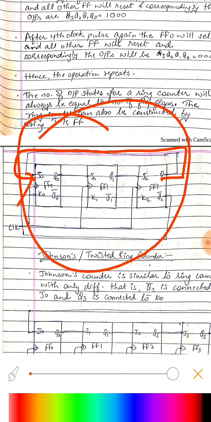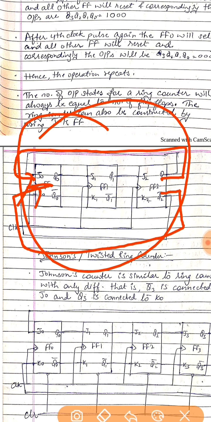Okay, and this Q2 bar is fed to the second input K0. As we all know, JK flip flop has two inputs, J and K. Okay, and the same operation can be performed on this JK flip flop also.